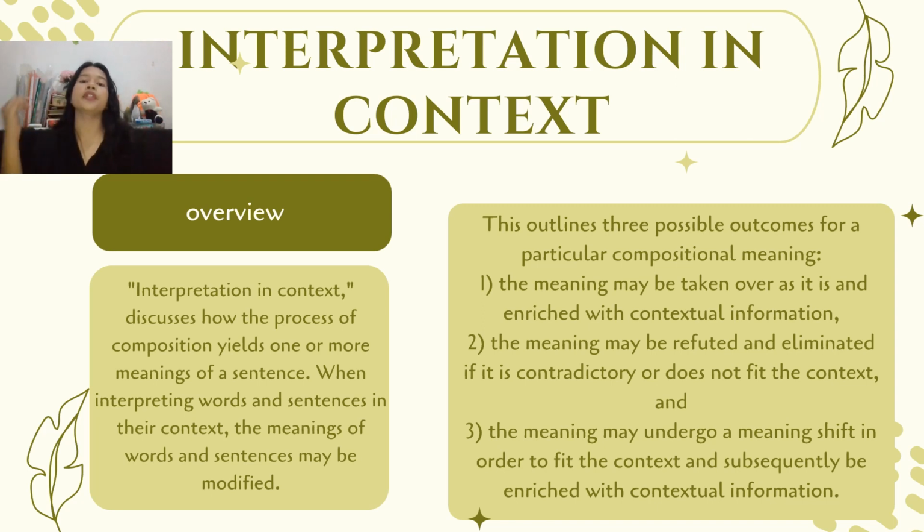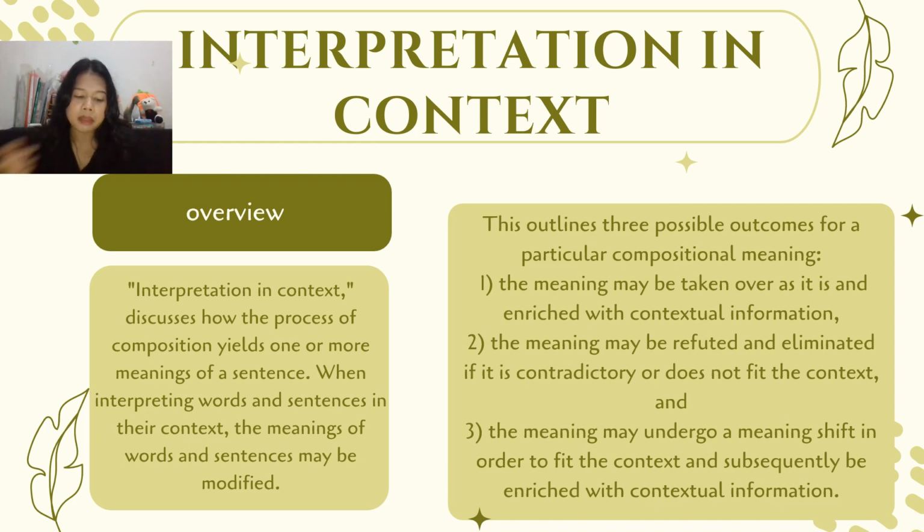Okay, interpretation in context. Interpretation in context discusses how the process of composition yields one or more meanings of a sentence. When interpreting words and sentences in their context, the meaning of words and sentences may be modified. This outlines three possible outcomes from a particular compositional meaning.